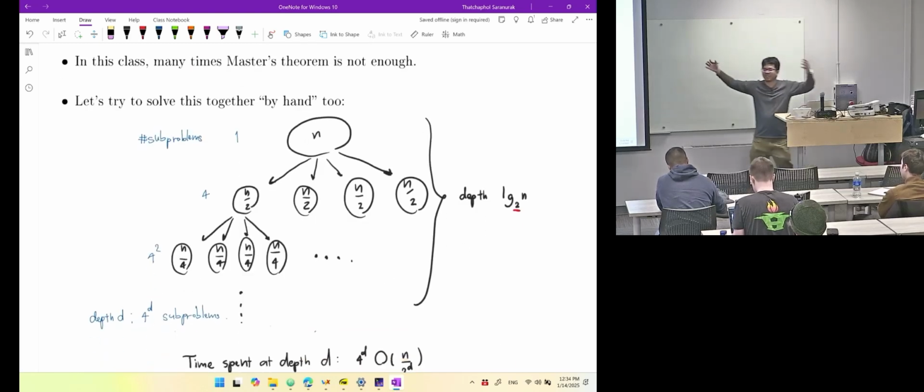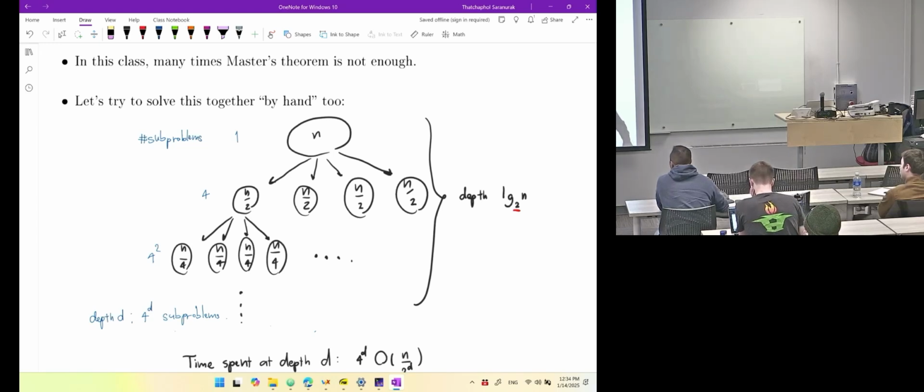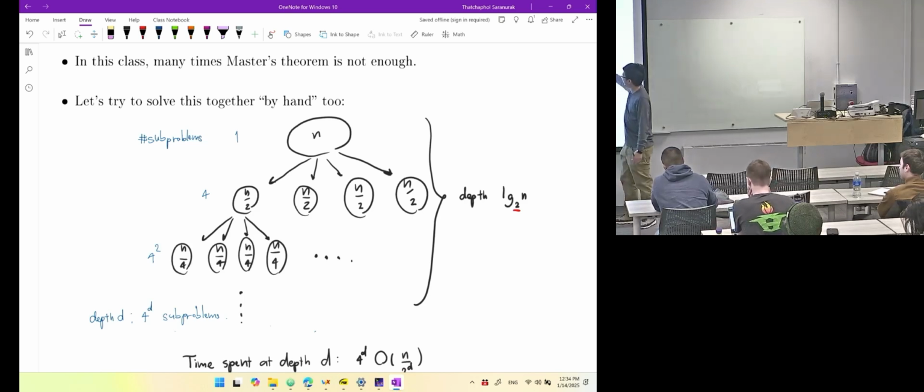So you have this big tree, and you basically want to sum up every number in these nodes, right? How to do this? Let's try to do this level by level. How many levels are there? It's going to be log base 2 of n, because each time n keeps halving by 2. When n is a constant, like 1, then you stop. So the depth is log n base 2, because you decrease n by a factor of 2 at each level.